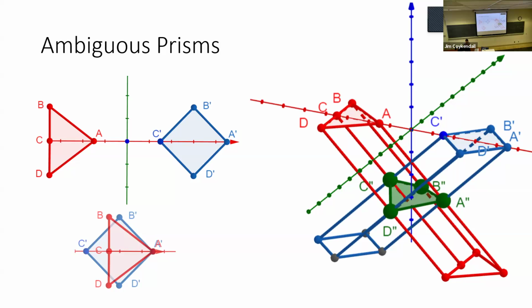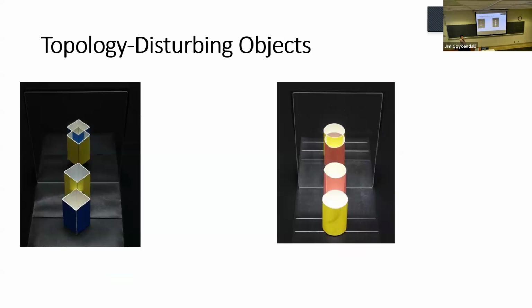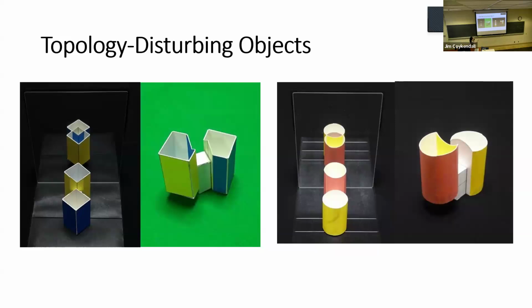Let's move to another type of object, the topological one. There is also one example in the exhibition.